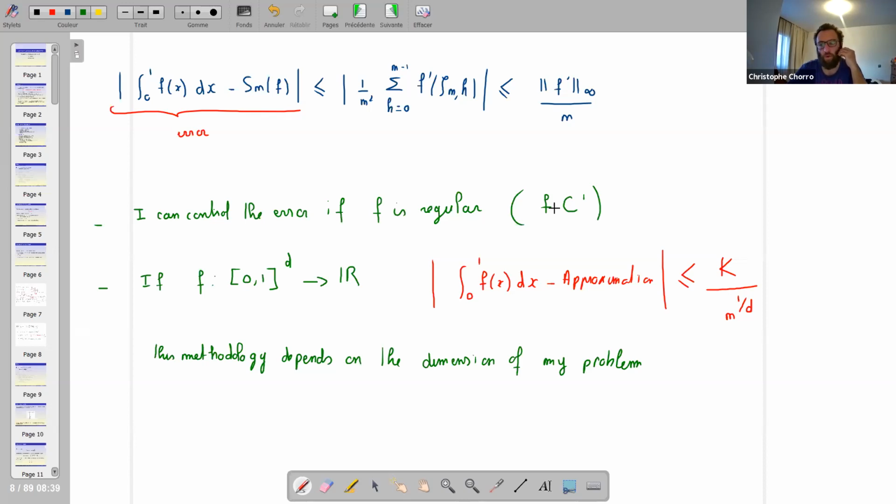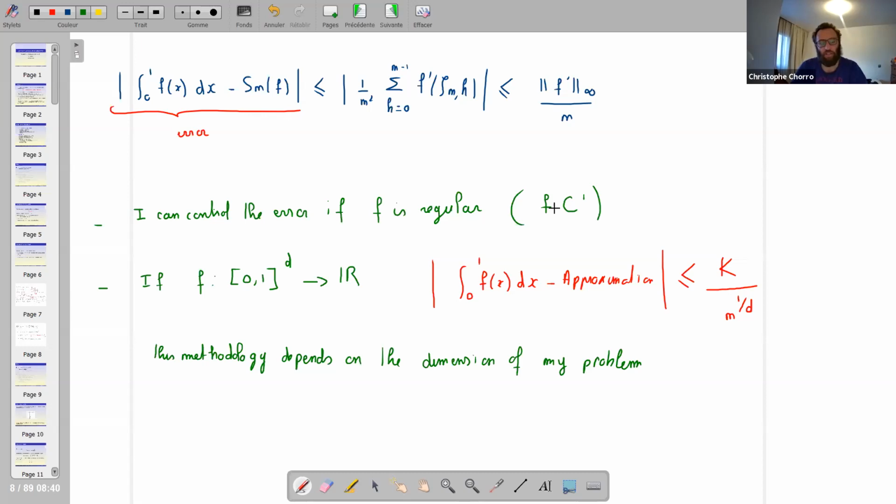And what is more, we want a stochastic algorithm that gives me an error that doesn't depend too much on the dimension of my problem. So in some sense, Monte Carlo methods appear in order to overcome drawbacks of classical analysis methodology.